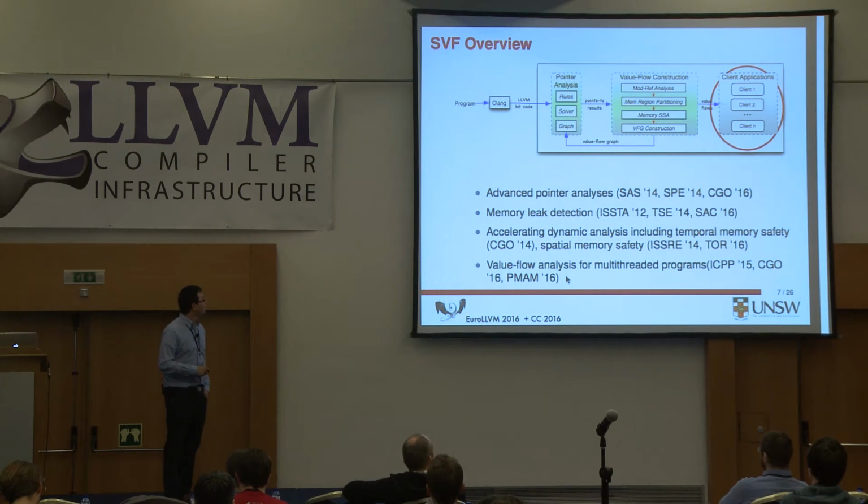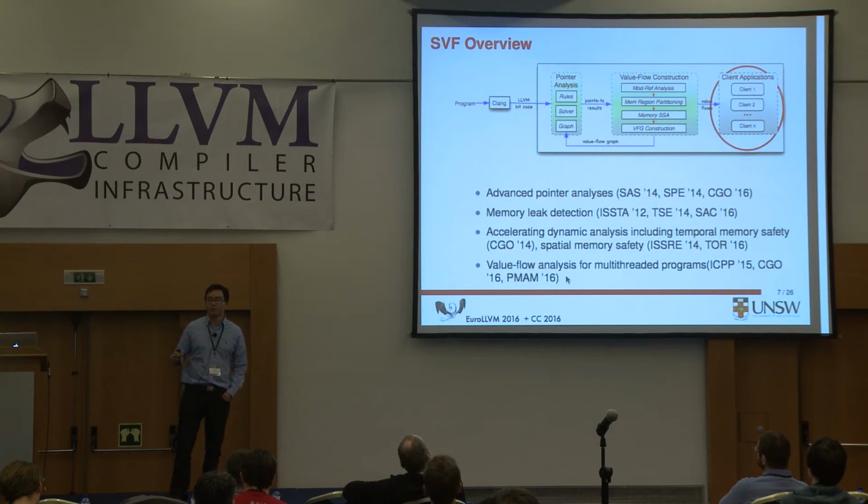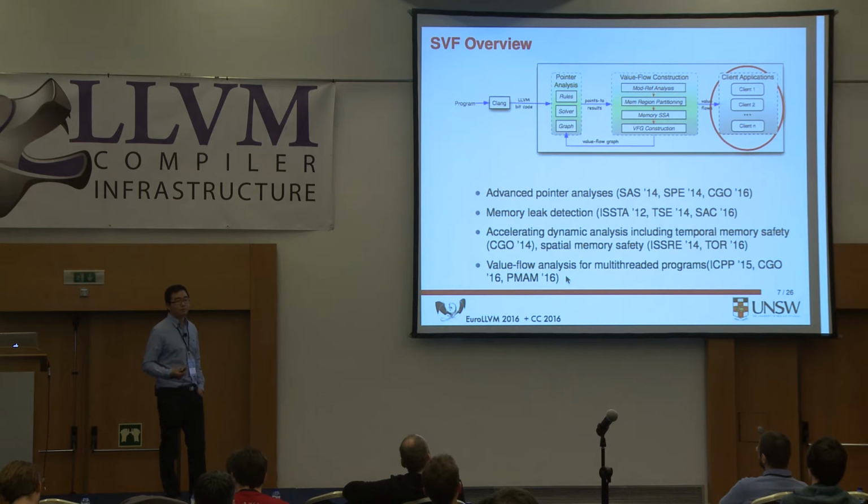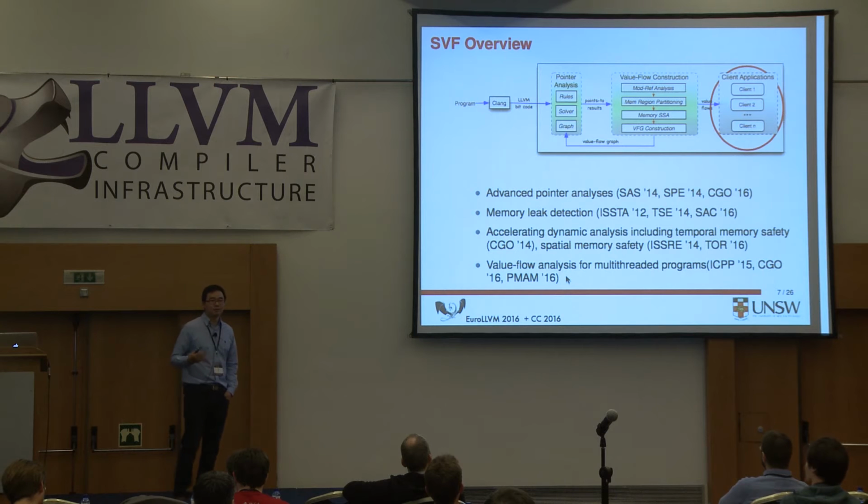So the following papers, which have been done in the past few years in our group, basically focus on using this information to detect memory leaks and accelerating dynamic program analysis, especially the sanitizers.